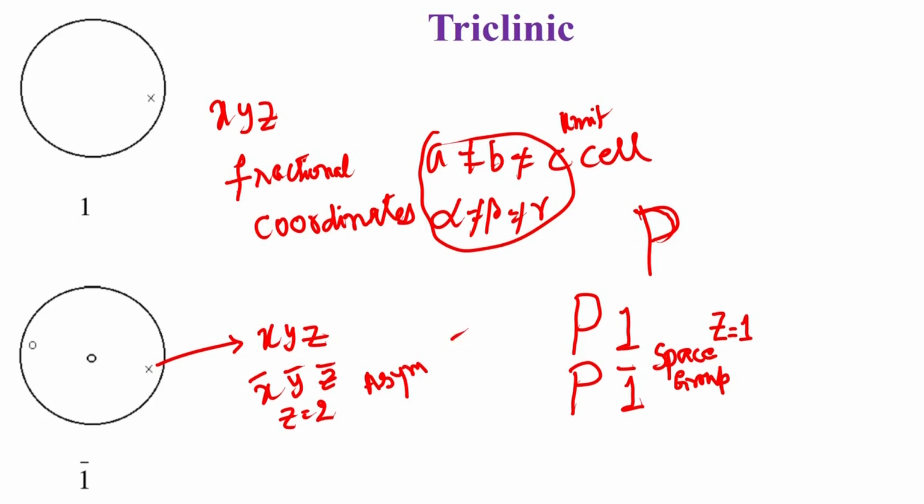This is referred to as the asymmetric unit. So, the asymmetric unit therefore is 1 in both these cases, and that is referred to as a quantity called z prime, and that is equal to 1. In literature, if you see z equals 1 in a triclinic system, then it is automatically assumed that it can have P1.